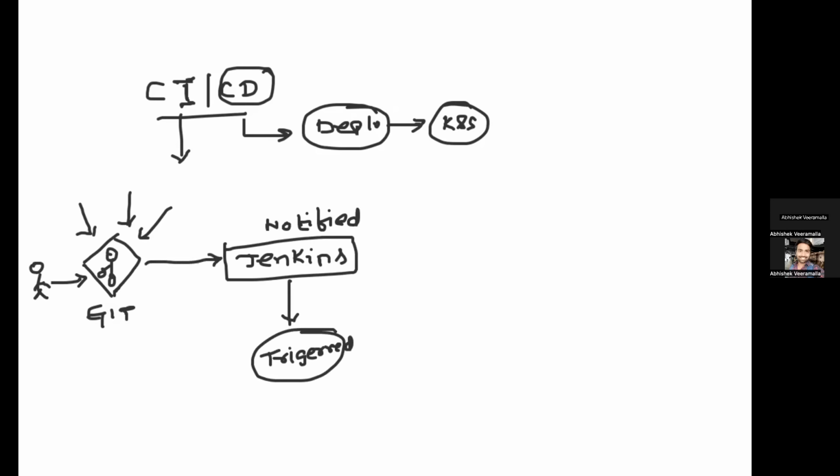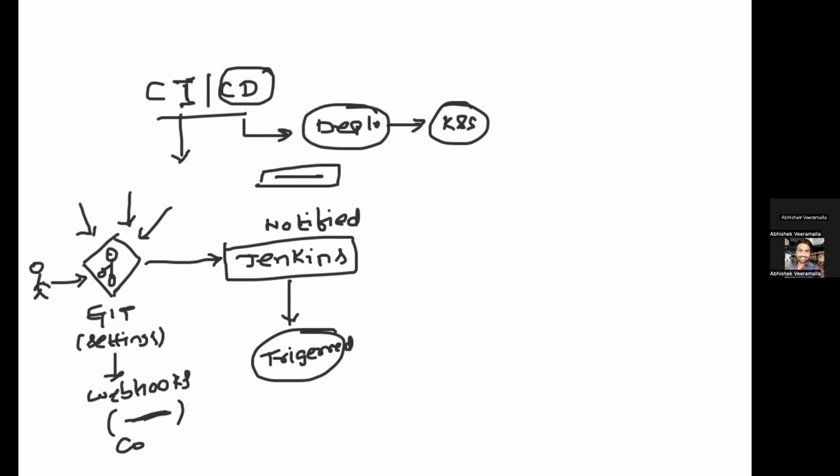So how do you configure this webhook? Basically, you can go to Jenkins and get the webhook URL. You can take this webhook URL and put it in your GitHub settings. In your GitHub settings, you will have an option for webhooks where you can define for which action the webhook has to be triggered. You can say it has to be triggered on commit, on pull request, or on issue.